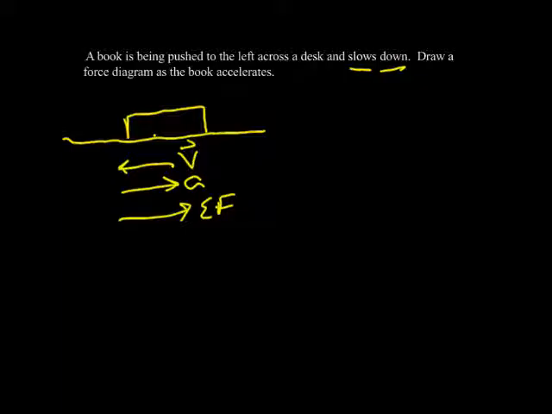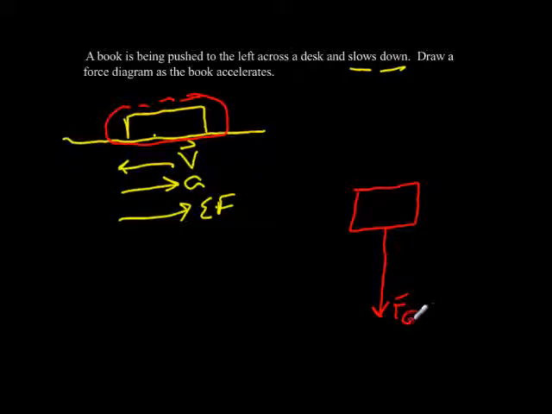So as always, I identify my system. You can circle it or use a dotted line, it doesn't really matter. Draw a box. Force of gravity on the book by the earth. Force normal on the book by the desk. These two are the same. It slows down. I do not have to explain why it's already moving.